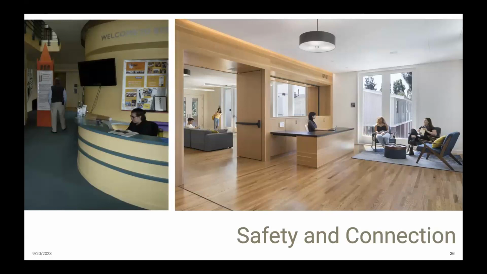And then after the renovation, the lobby could be physically separated from the rest of the building with these deployable doors. And even with this added layer of security, we were able to open up the sightlines between the lobby, the lounge, and then the auditorium beyond the lounge space to help students and staff feel connected to each other and connected to events that are taking place throughout the building.